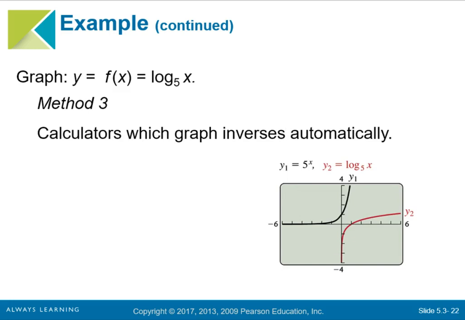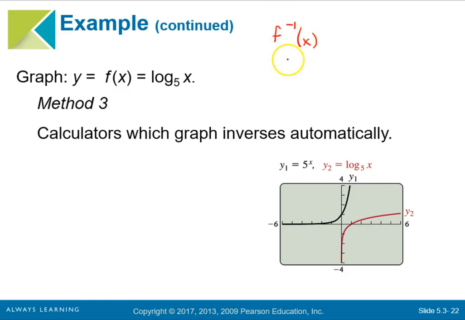And the third method: there are some calculators, not all of them, which, if you tell it to use the inverse of something, where you'd have the function and that -1 x, you're saying you have the inverse function of the original function of x.